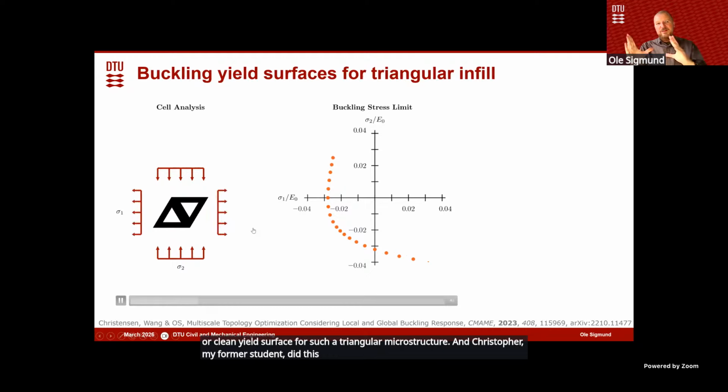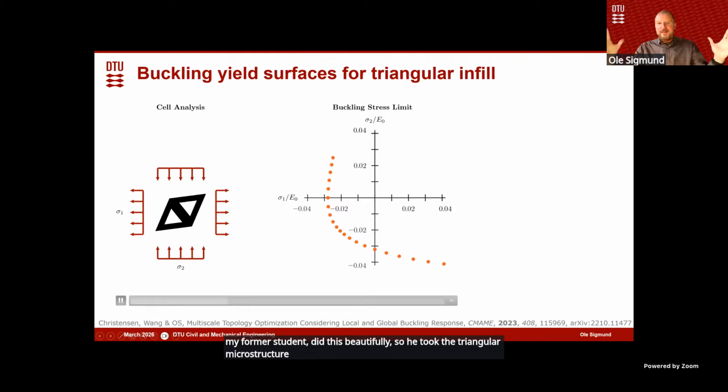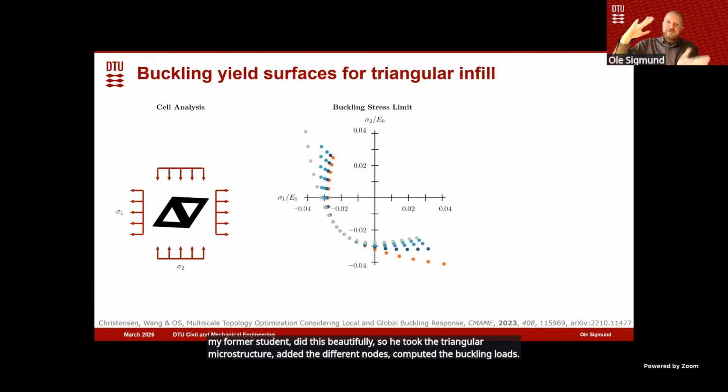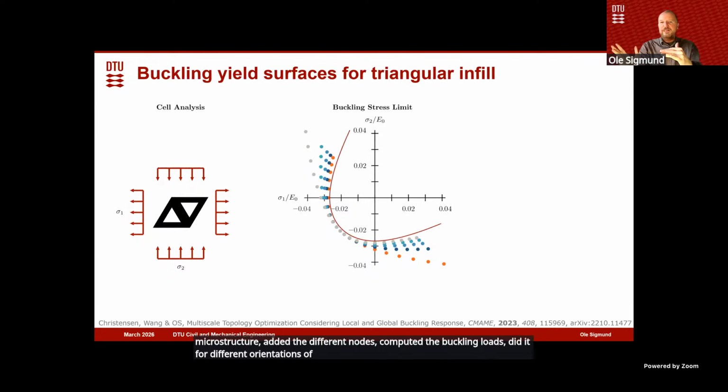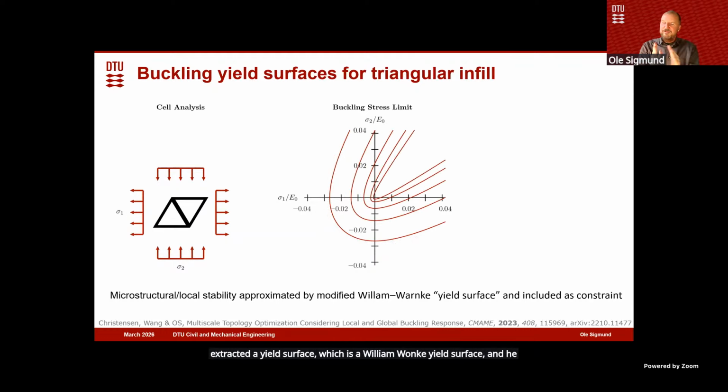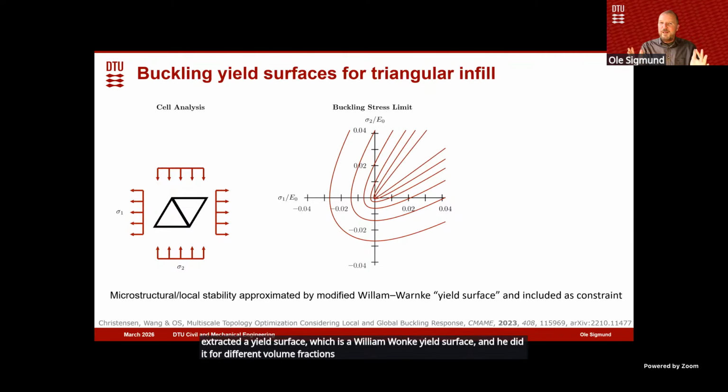So he took the triangular microstructure, added the different loads, computed the buckling loads, did it for different orientations of the microstructure, extracted a yield surface, which is a William Wonke yield surface, and he did it for different volume fractions. And so in that way, we found the most conservative yield surface for triangular microstructures for their buckling stability.